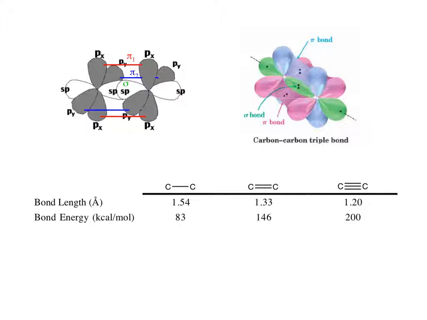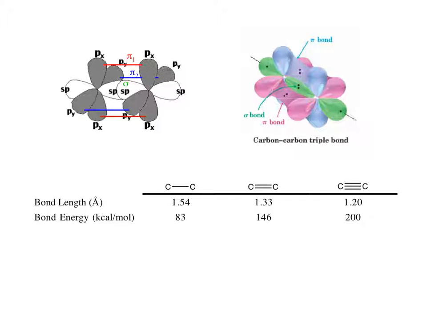The sigma bond is formed by head-to-head overlap of the sp hybridized orbitals from each of the carbons, and the pi bonds, there's one pi bond there, and then another pi bond there. The 2 pi bonds are formed by side-to-side overlap of the unhybridized p orbitals.